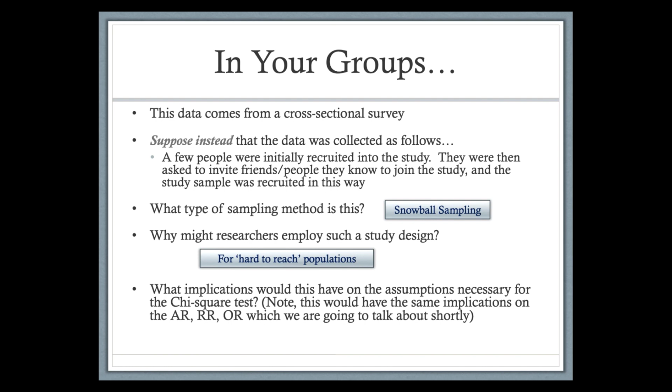Okay, so if we just want to know about women and their contraceptive use and education levels and so on, it's not really hard to reach this population. But suppose instead we want to study something like injection drug use. It's going to be quite difficult for us to say, let's get a list of everyone who's an injection drug user, randomly select a bunch of names from that list, and then go and try and survey them or study them.